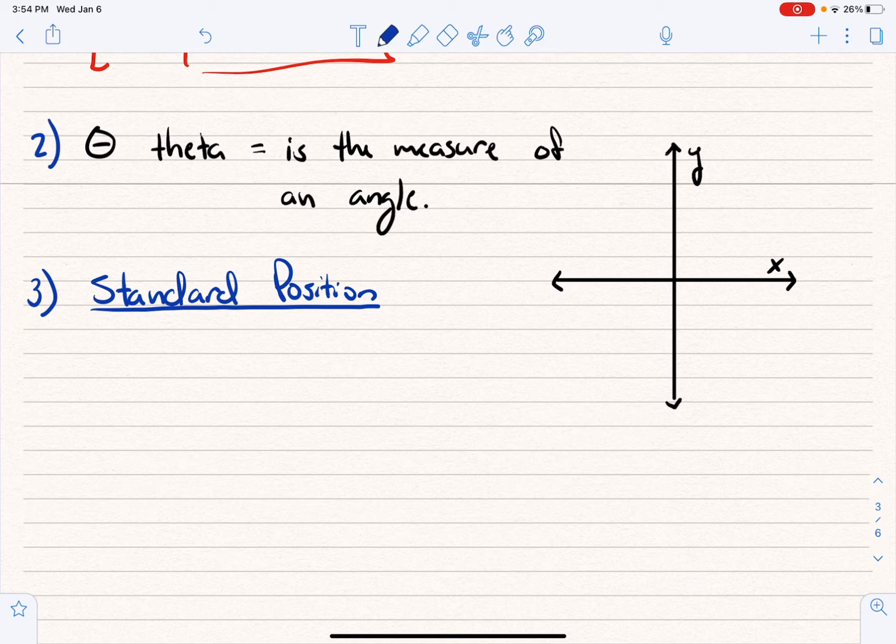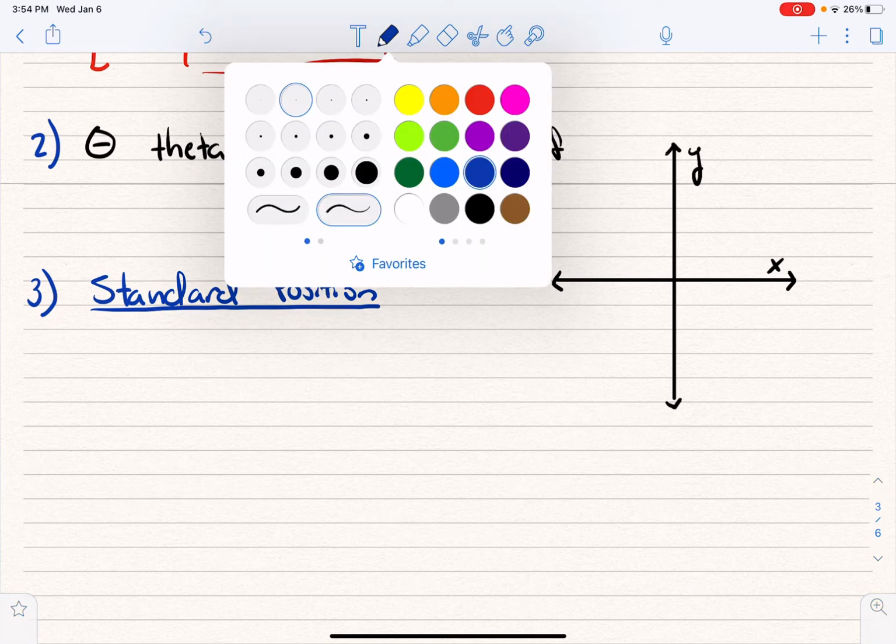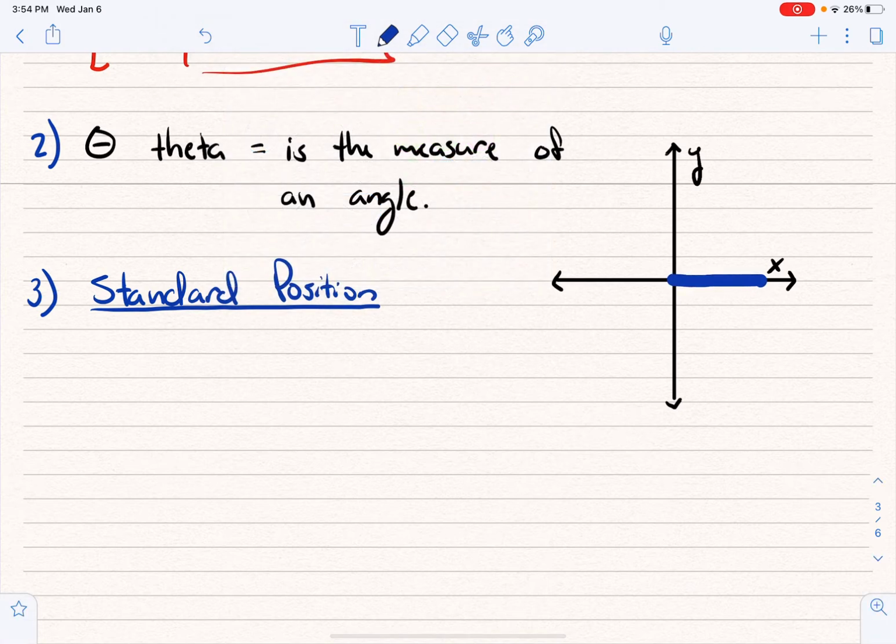Initial side is where something starts, and terminal side is where it ends. Okay, and so for an angle in standard position, the initial side is always on the positive x-axis, like that. That's the initial side of the angle. And the terminal side is somewhere else.